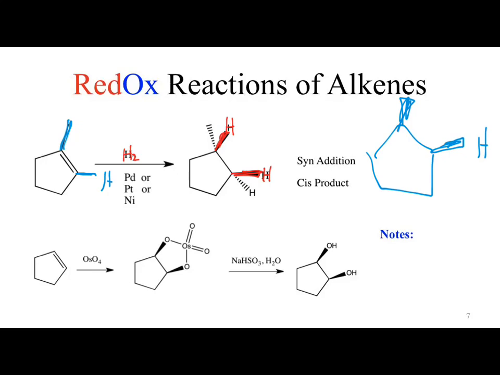Where does the hydrogen come from? Instead of coming from the front, pushing the methyl and hydrogen away, it's going to have to come from the back side of our plane. When the hydrogen comes in from the back side, that's going to force the methyl and hydrogen forward coming at you. So it's just a question of how the alkene coordinated to our platinum surface.